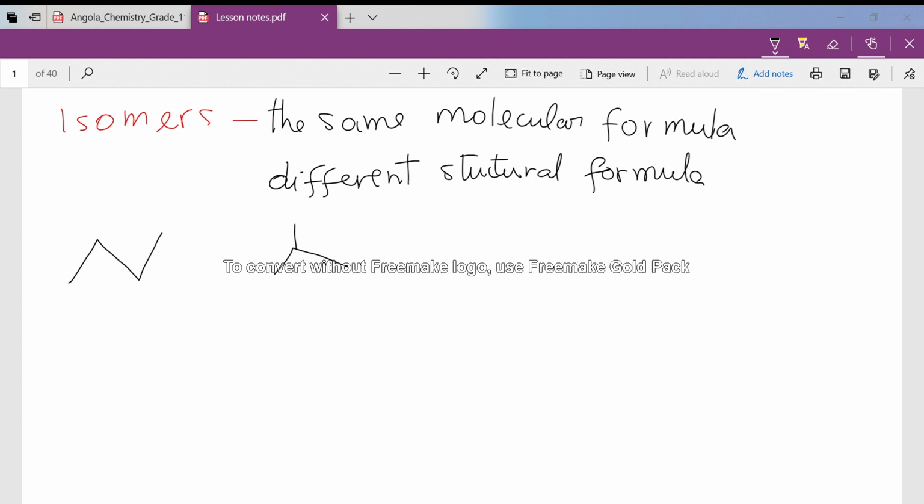So this will be CH3, CH2, CH2, CH3, but for this one it will be CH3, CH, CH3, and then CH3. In both cases we have the same molecular formula, which is C4H10.